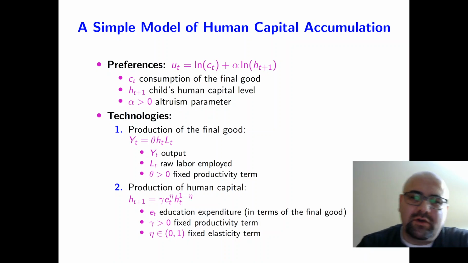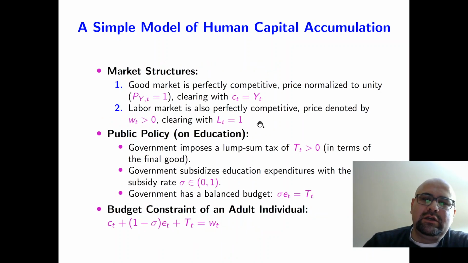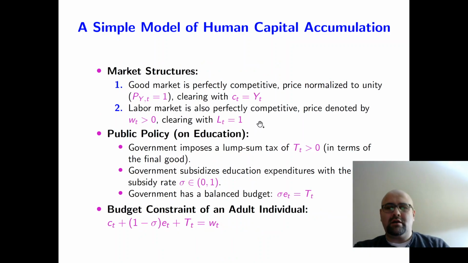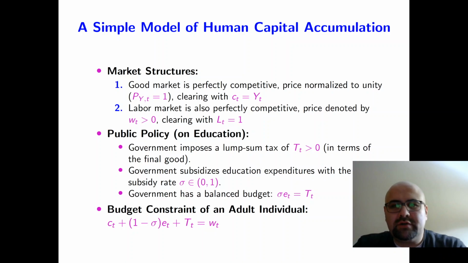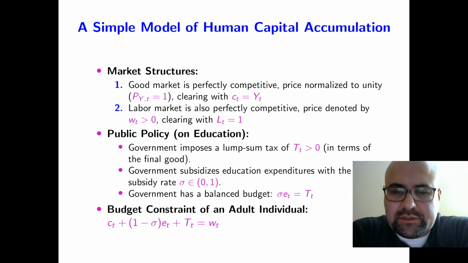All right. But what we are going to do instead is look at a competitive economy where there is a government, and the government is going to collect taxes and give some education subsidies, and there will be market exchange. All right. So that's the model environment, and after that, of course, we can discuss the budget constraints.